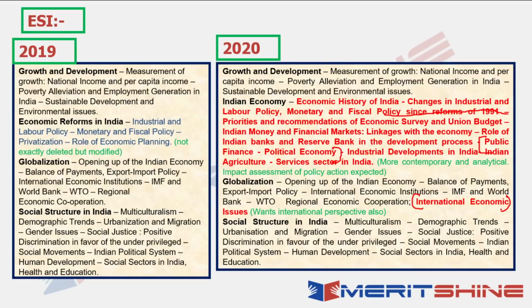The rest of the economic course remains the same. You have learned them under a different heading, but they remain mostly the same, right? Even the social structure in India, nothing has been changed in this sector. Whatever you had been doing earlier is something that you would be doing now also.